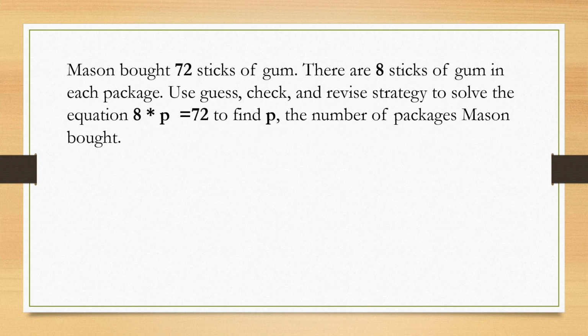Mazen bought 72 sticks of gum. There are 8 sticks of gum in each package. Use the guess, check, and revise strategy to solve the equation 8 times p equals 72 to find p, the number of packages Mazen bought. Okay, so we will write the equation 8 times p equals 72.